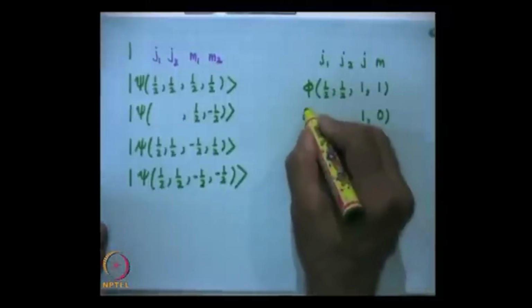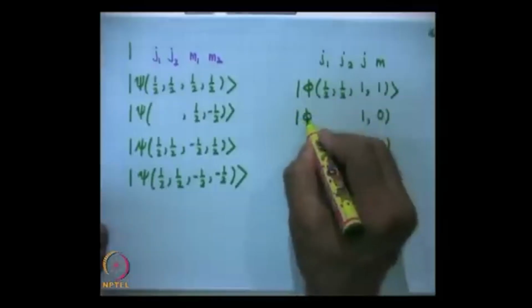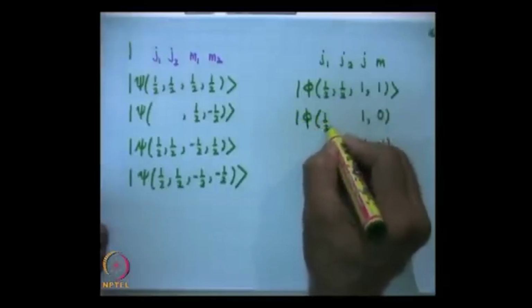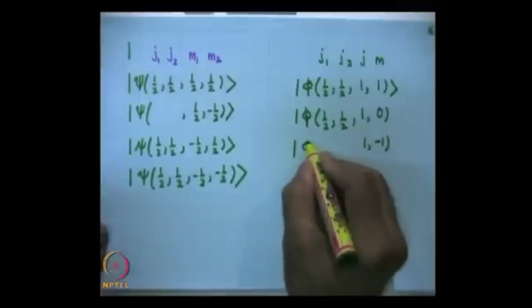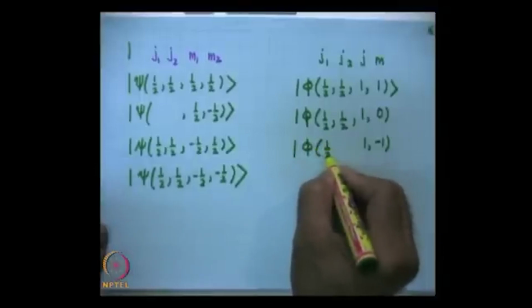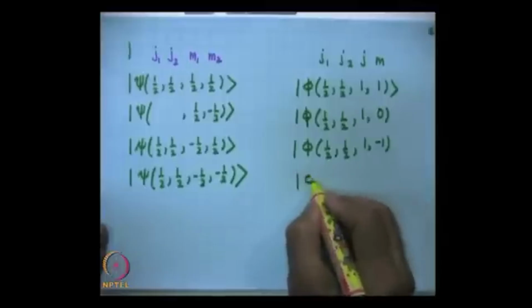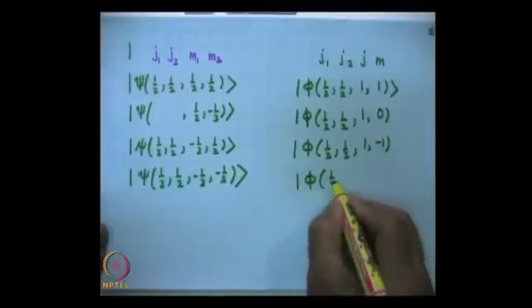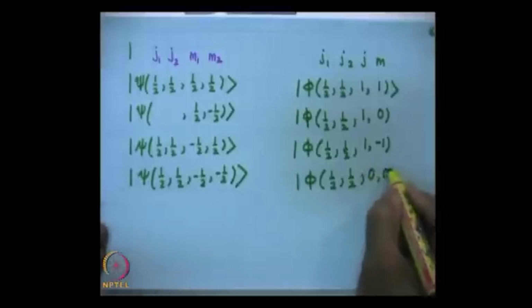So, this is phi, half, half. This half half is repeated everywhere. And then j is 0, m is 0.